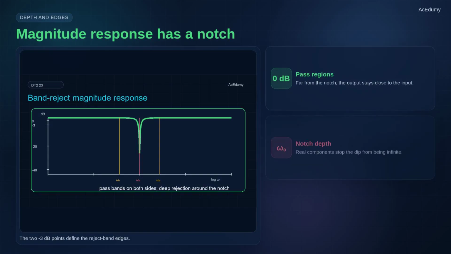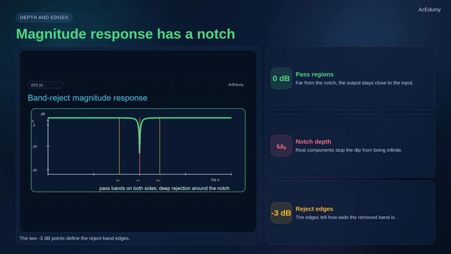On the band reject magnitude plot, the curve starts near 0 decibels, dives near the center frequency, then returns near 0 decibels. The ideal notch would reach -infinity decibels, but real components have loss, so the notch has a finite floor. A practical filter is judged by both notch depth and reject bandwidth.